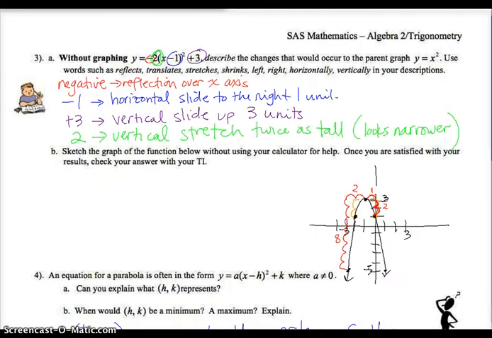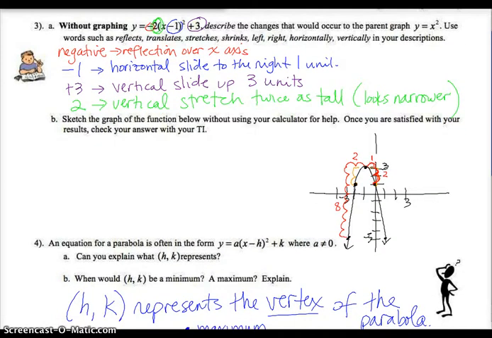Okay, so number 3 says, without graphing, describe the changes that would occur to the parent graph y equals x squared. So I circled them and color coordinated them. So this negative sign, well, what does that mean? It means it reflects over the x-axis. So remember, the parabola went from opening up to opening down. So that negative sign in front reflects over the x-axis.